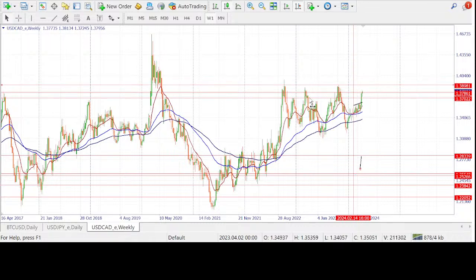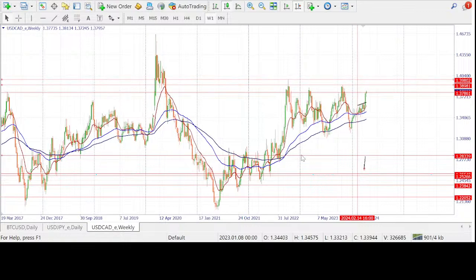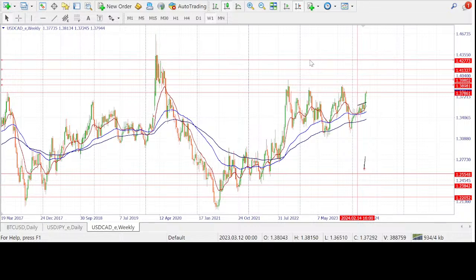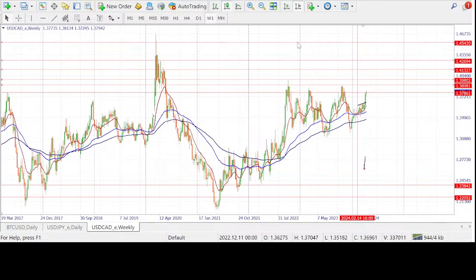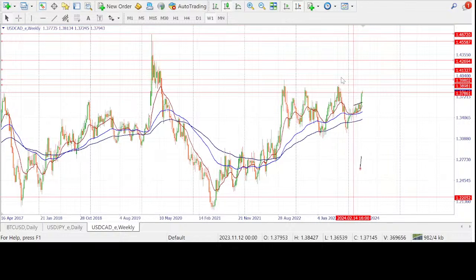The other target is fixed at this price, and the other target is fixed at this price here, and the other one is fixed at this price. Then we have the last one at this price here, and then we have another one at this price here. These are the levels where we do expect the price to go up to.